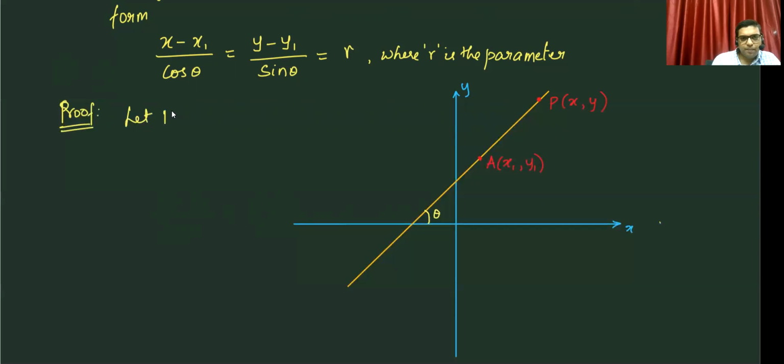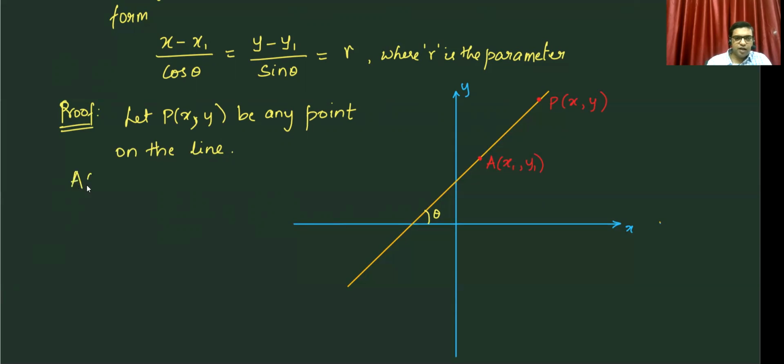Let P(x, y) be any point on the line. Now A, which is (x1, y1), already lies on the line.